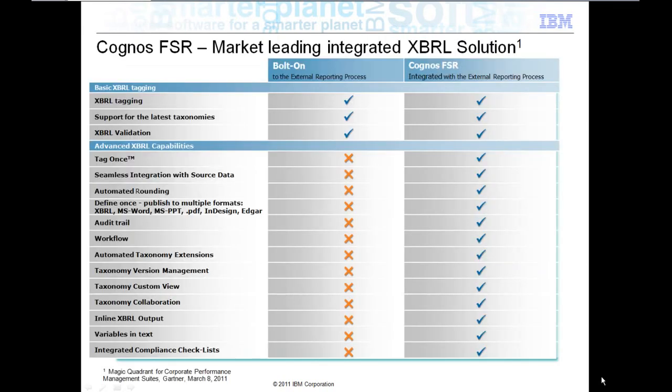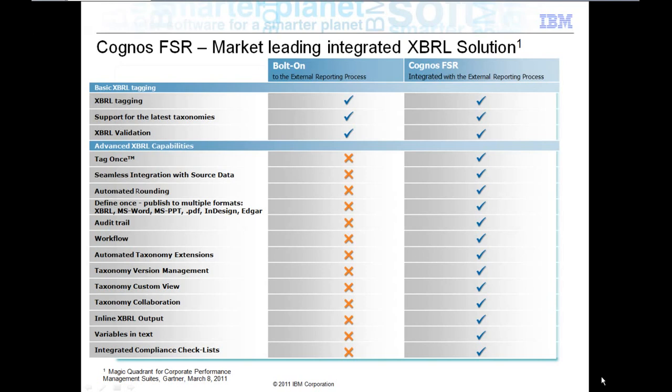Now Cognos FSR really is the market-leading integrated XBRL solution. And as mentioned, there are other bolt-on solutions out there that do address a portion of the external reporting process. But Cognos FSR is the truly market-leading integrated XBRL solution that really immerses itself within the complete external reporting process.